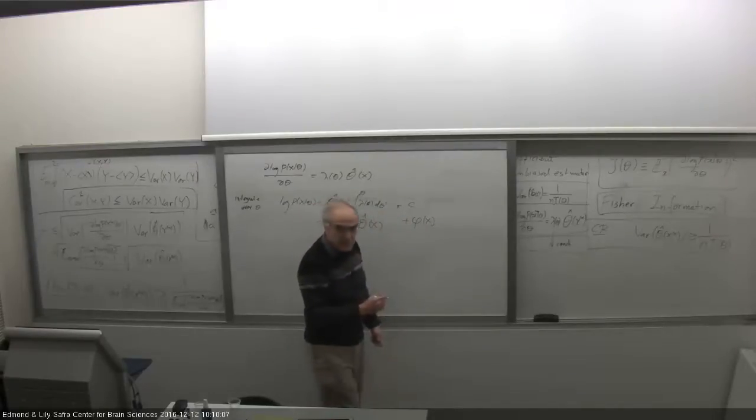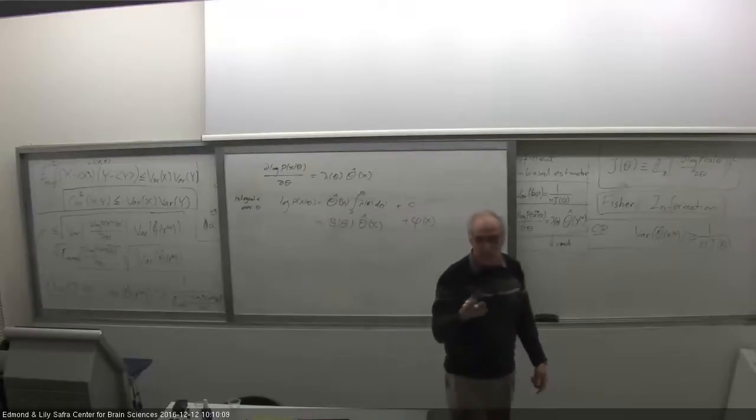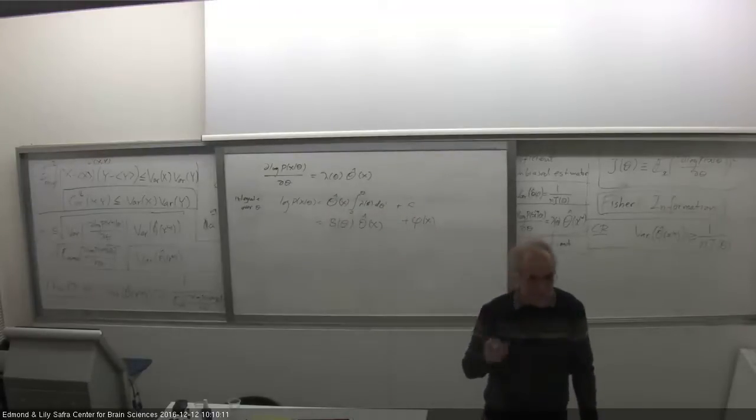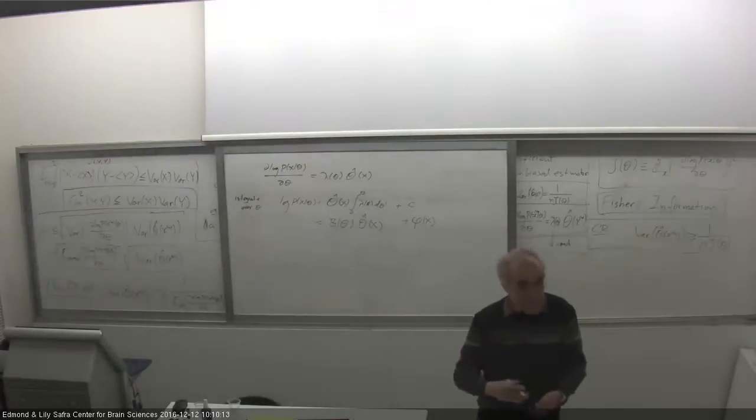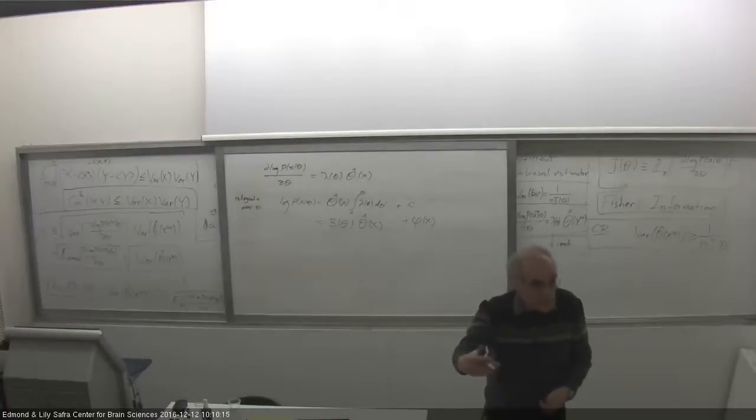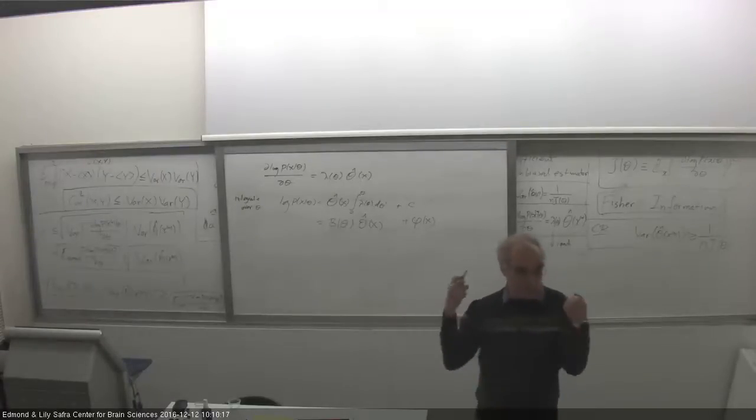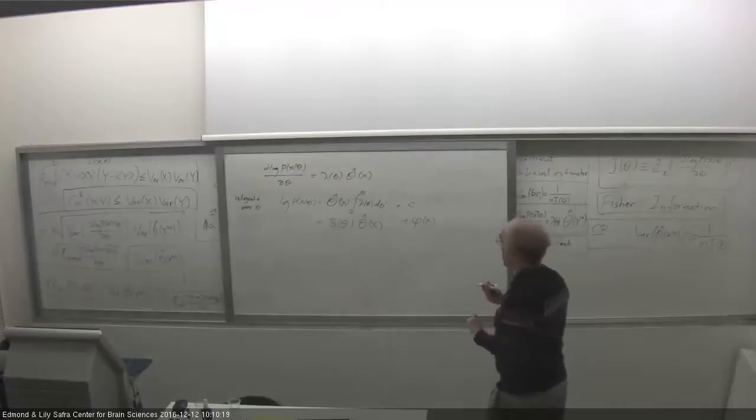Is this clear? Anybody who ever saw something about partial differential equations or things like this, when you have more variables, when you integrate with respect to one of them, the constants can be functions of the other variable. Okay, so what did we get?